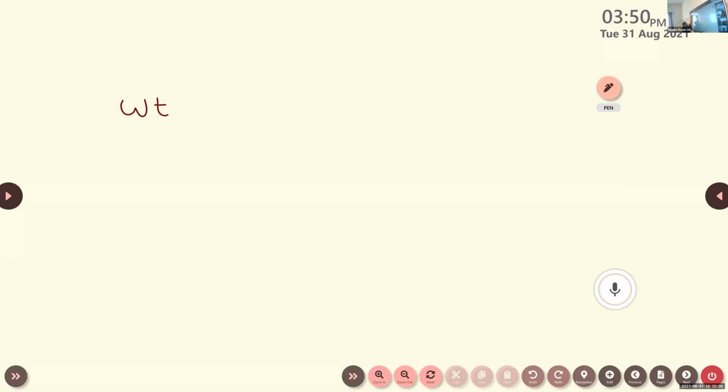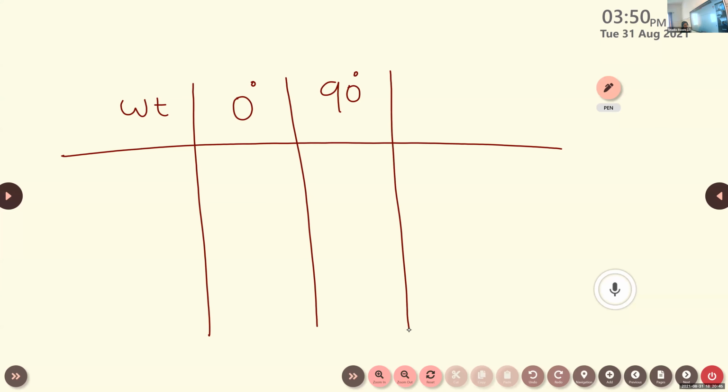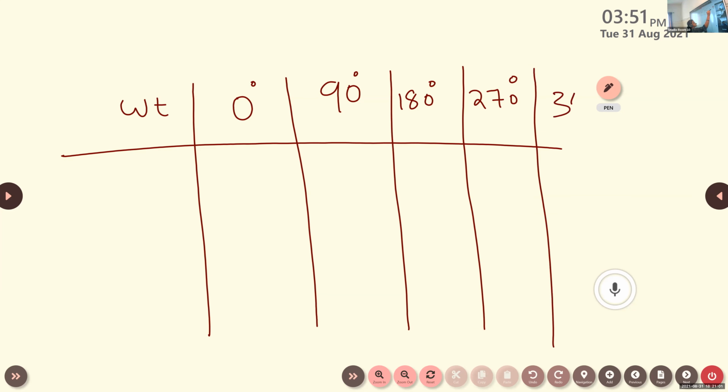So here we have omega t, that is the phase angle. We consider the phase angles 0 degree, 90 degree, 180 degree, 270 degree, then 360 degree.